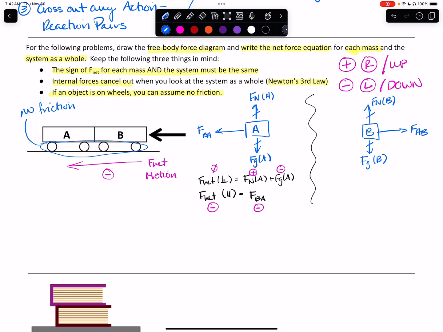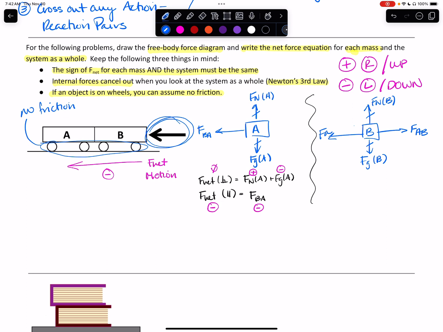And countering that, we have an applied force. That's this force right here. I don't know whether those are equal but opposite. I'm going to assume that they are not because the object is moving.